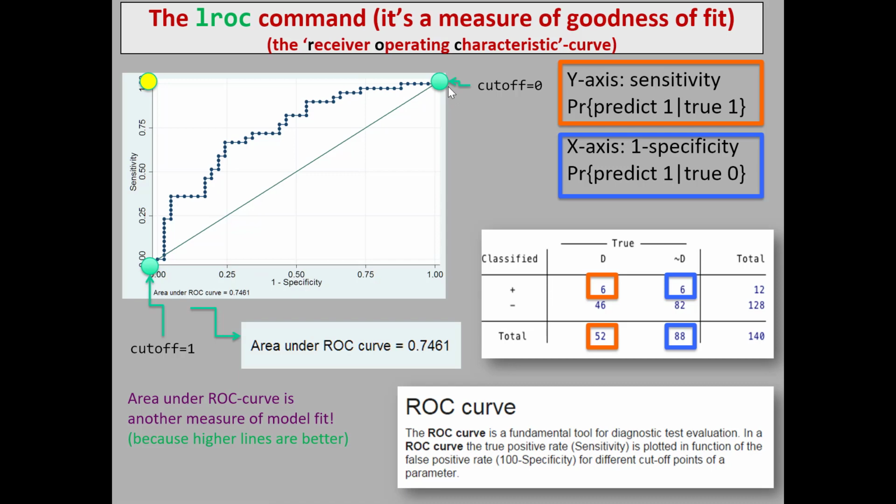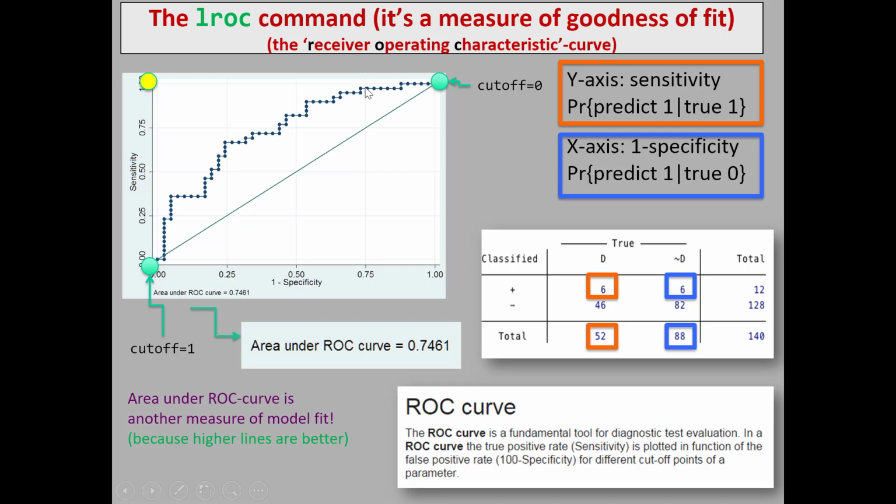Now the other side, cutoff value equal to 0. That means as soon as I have a predicted probability larger than 0, then I predict a 1. So that's basically saying I predict a 1 all the time. That means the probability that I predict a 1 given something is 1, because I always predict a 1. And the probability that I predict a 1 given something else doesn't matter.